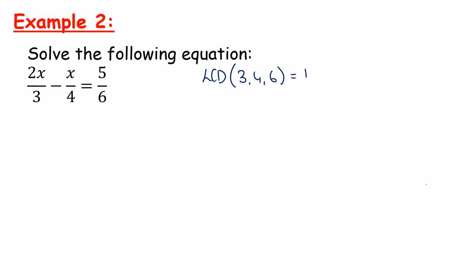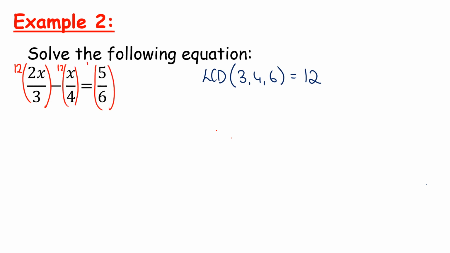So the lowest common denominator is 12. We don't have to figure out anything like we do with adding and subtracting. We simply multiply both sides by 12. Now, the next thing I will actually say is instead of both sides, because that was very simplistic for our example, we're going to multiply every term by the lowest common denominator.